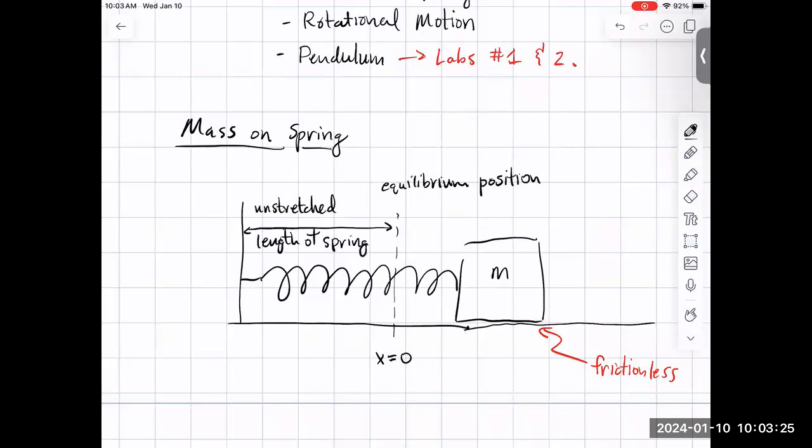Obviously when the spring is not stretched, it's not pulling or pushing on the mass. If we stretch the spring past x equals 0, it's going to tend to pull the mass back towards equilibrium. If we compress the spring to the left of x equals 0, it will tend to push the mass back to equilibrium. That's why it's called a restoring force, because if you displace the mass, the force tends to restore the mass back to the equilibrium position.